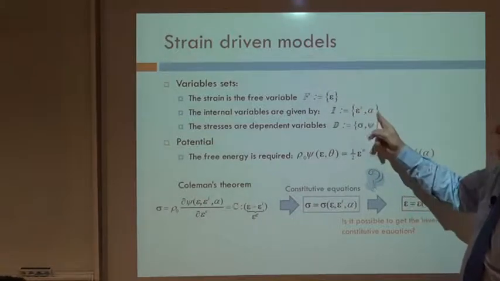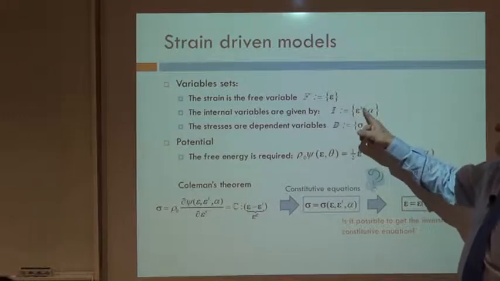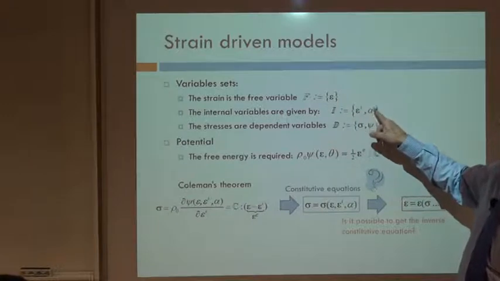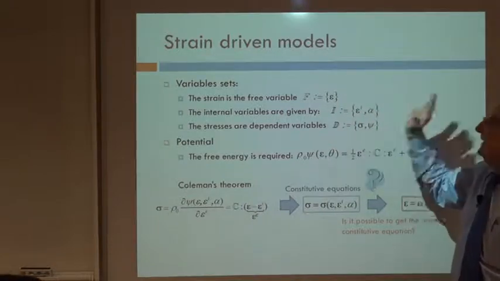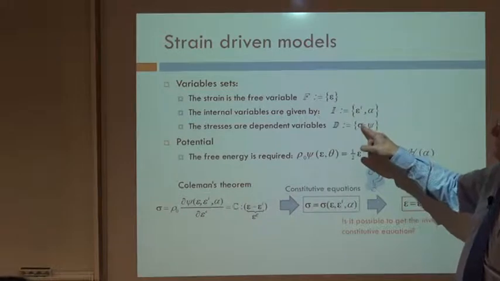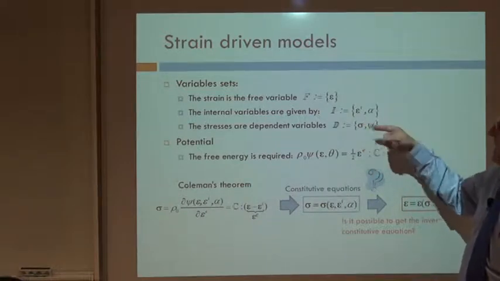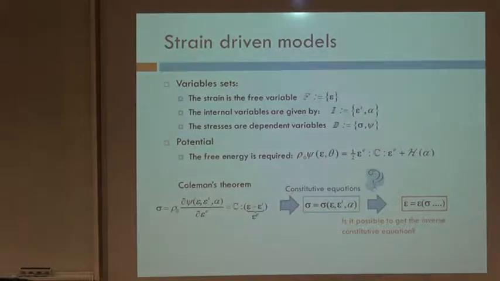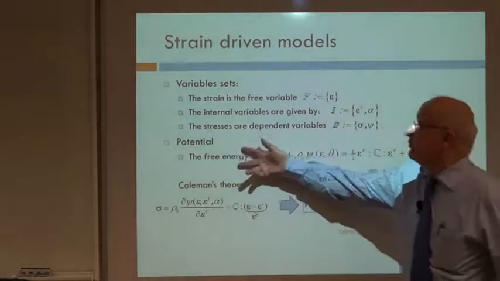For instance, you just have seen a case in which the internal variables depend on the elastic strains and on some additional variables. Then the remaining variables, the stresses and the free energy, are dependent on that. Okay? And then we just postulate a form of the free energy.